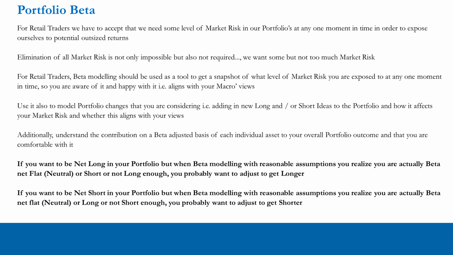And on the flip side, if you actually want to be net short in your portfolio, but when you're going through your beta modeling and you're using reasonable assumptions, you realize that you're actually either beta neutral or beta net long, or you're just not short enough, then of course you probably want to think about actually adjusting your portfolio to get shorter.